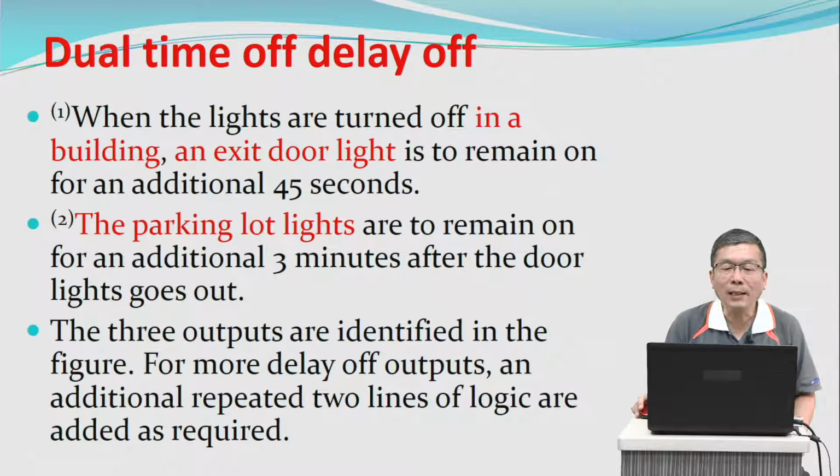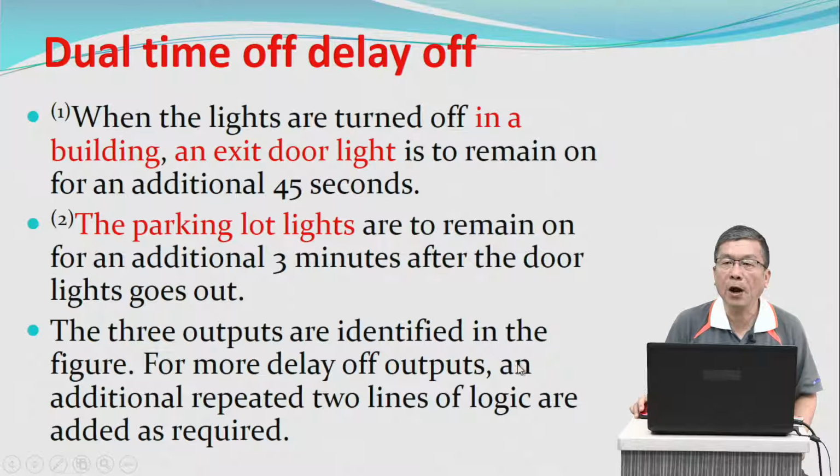When the lights are turned off in a building, an exit door light is to remain on for an additional 45 seconds. The parking lot lights are to remain on for an additional 3 minutes after the door lights go out. The three outputs are identified in the figure.